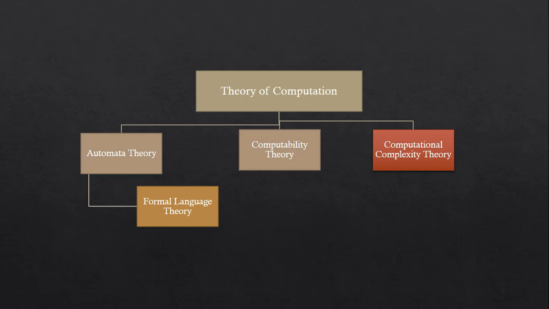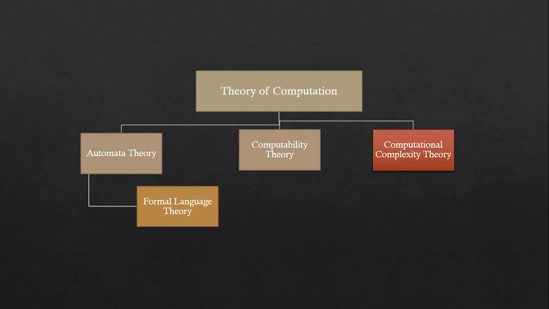Then we have computability theory, which deals with the question whether or not a problem can actually be solved by a computer. And if a problem is solvable by a computer, we have complexity theory, which deals with the efficiency of the solution. The efficiency is measured in terms of time complexity, the time it takes to solve the problem, and memory complexity, which means the memory it takes to solve the problem.